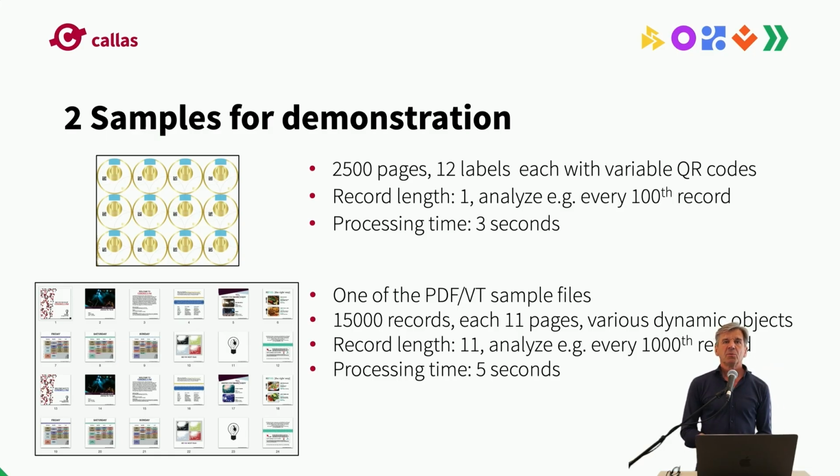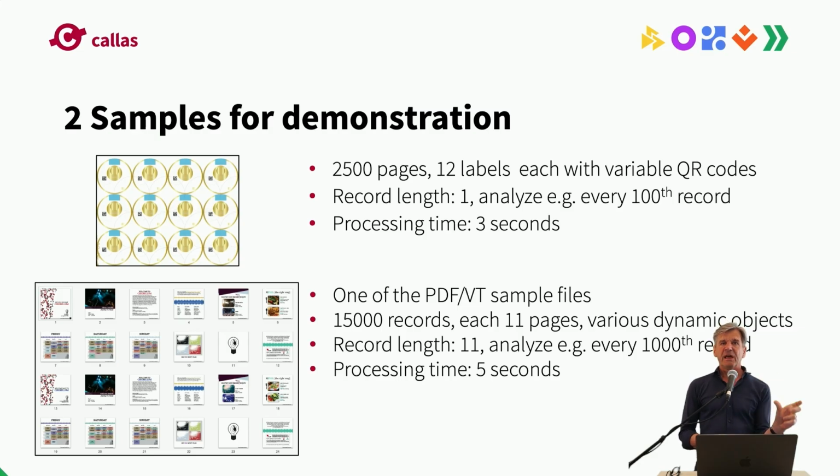The other one I will not demo, just because it takes a couple of seconds. In this example, it's easier to demonstrate by looking at the PDF file page by page. We can't really easily see the original and the end result, so I think it's easier to just use slides here. But the record length there is much longer.